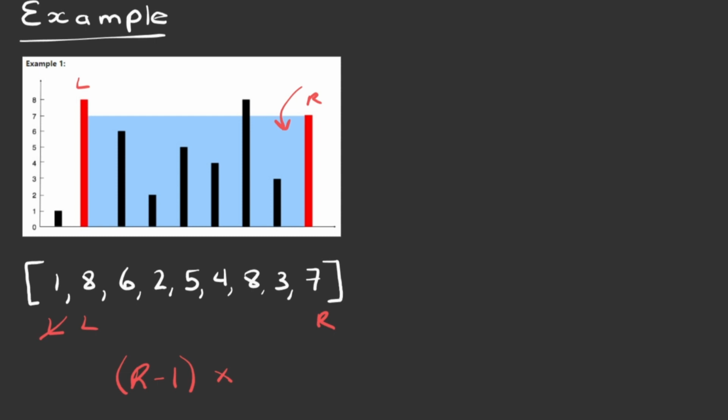So in this case, it's 7. And then we update the maximum stored water variable. And we continue this algorithm until the left and right pointers cross. That means we've traversed every single element in the array.